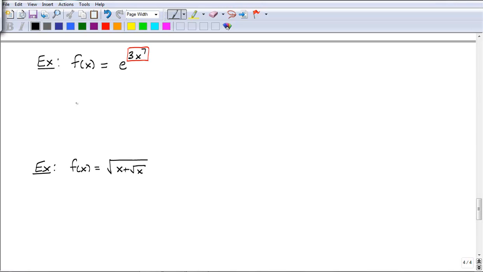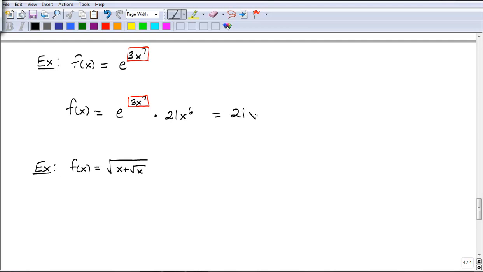So when I find the derivative of this function, the box, in this case, is going to be in the power of e. And when I take the derivative around the box, I leave what's inside alone. Well, the derivative of e to a power is e to that power. So I get e to the 3x to the 7th. But then I have to multiply by the derivative inside the box, which is 21x to the 6th.